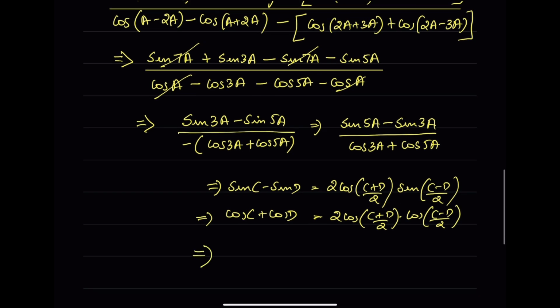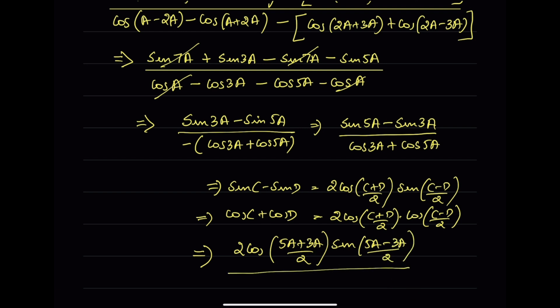So when we are applying both the formulas now, we would get 2 cos c plus d by 2 is 5a plus 3a by 2 and sine of 5a minus 3a by 2. This whole thing divided by 2 cos 3a plus 5a by 2 and cos of 3a minus 5a by 2.